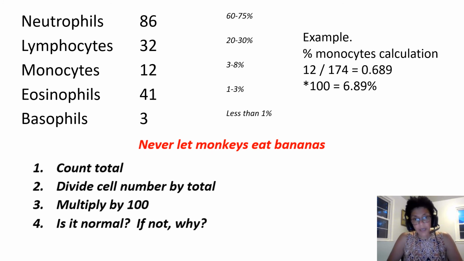So what did I mean by never let monkeys eat bananas? Well, never let monkeys eat bananas is a mnemonic that reminds us of the most numerous to least numerous leukocytes. Never equals neutrophils, let equals lymphocytes, monkeys equals monocytes, eat equals eosinophils, and bananas equals basophils.